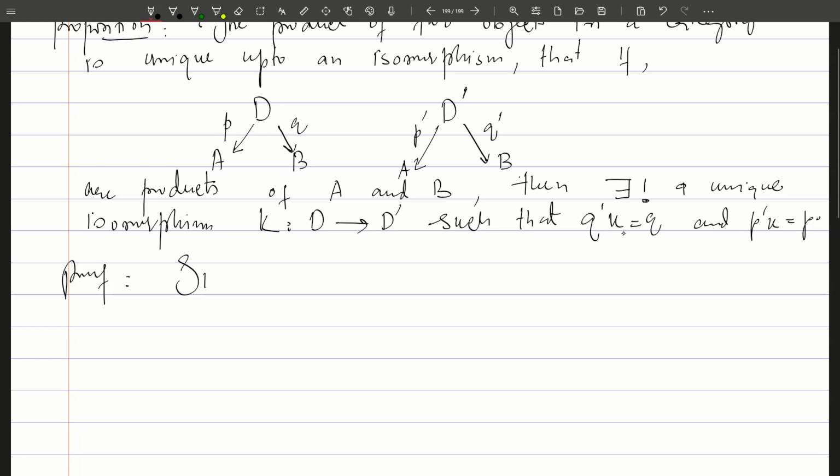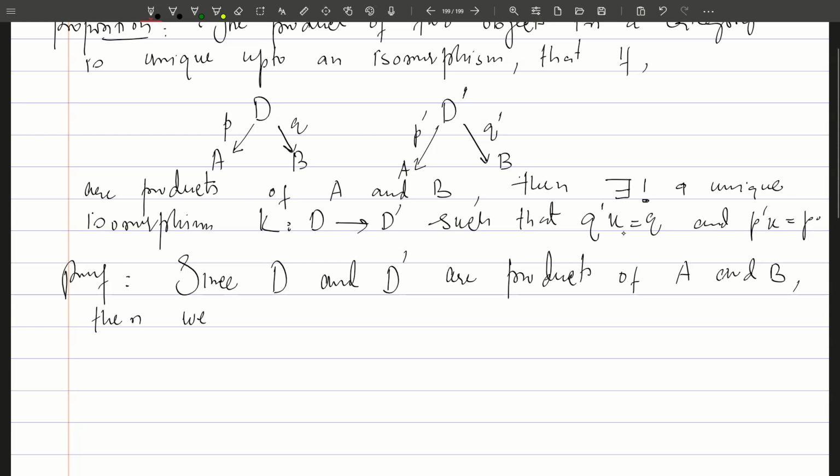So since D and D prime are products of A and B, then we have the following commutative diagrams.